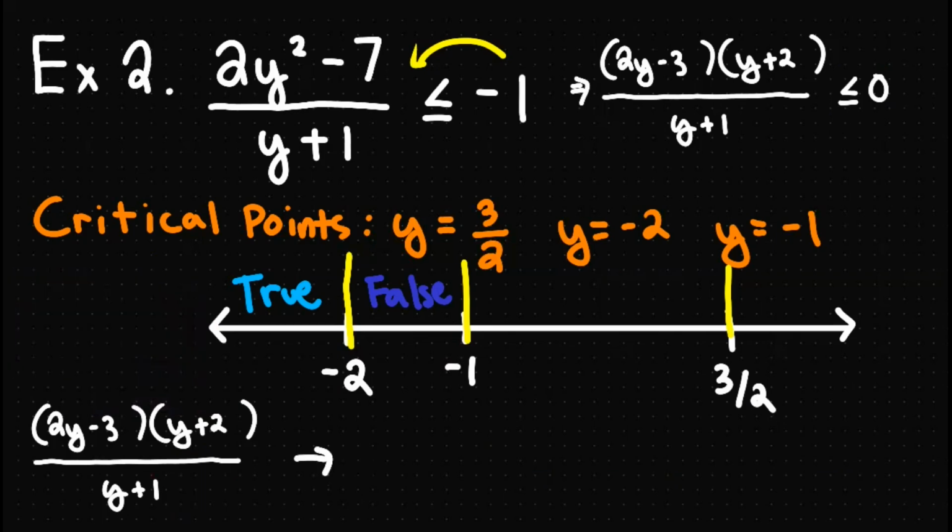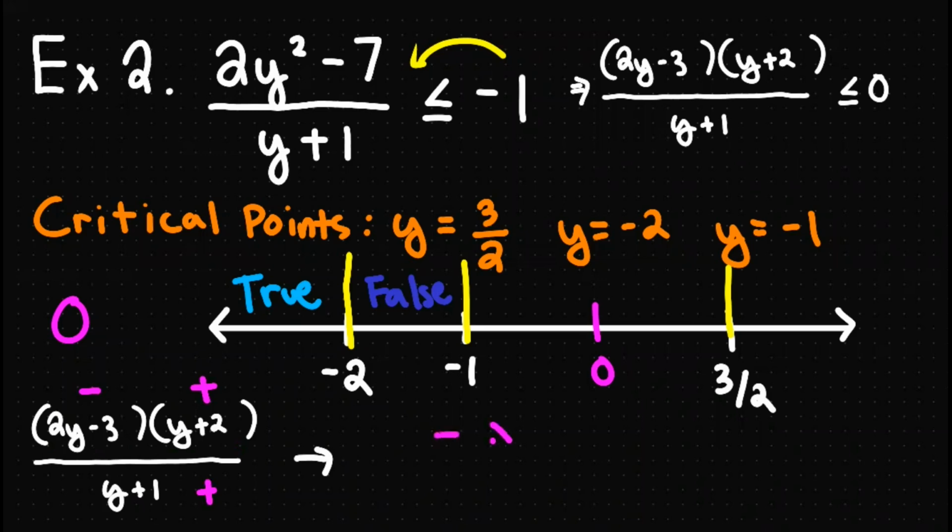Let's have our third region, this one out here. Since we have a negative value out here and a positive value, then we know that 0 lies somewhere in this region. So we'll use that as our test value. So at 0, 2y minus 3 becomes 2 times 0 minus 3, or simply a negative value. 0 plus 2 on the other hand becomes 2, which is a positive value, and 0 plus 1 is also a positive value.